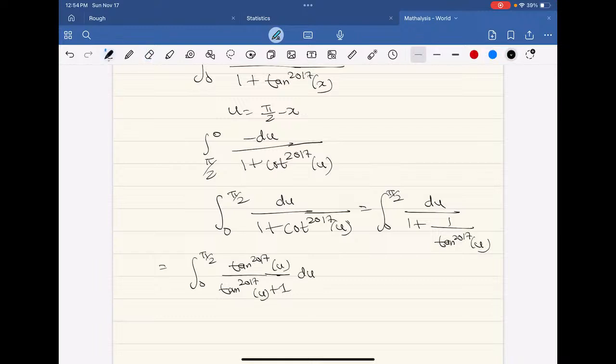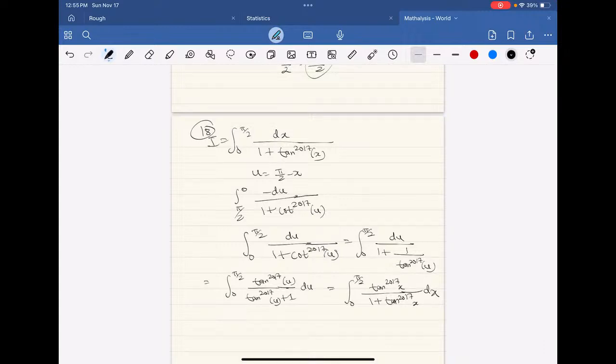Now I can again write this integral in terms of x, because these variables are just dummy, right? I can just make a substitution u equals x, let's say. So 10 to the power 2017x by 1 plus 10 to the power 2017x dx.